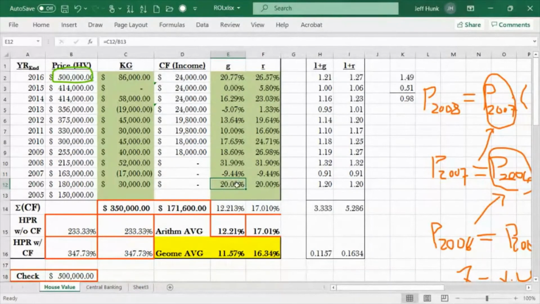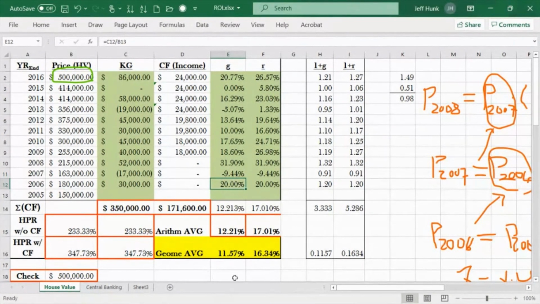This growth rate was simply the capital gains in 2006 divided by the price in 2005. And what is capital gain? That's this minus this, right? This capital gains is this minus this, divided by this. This is the growth rate.